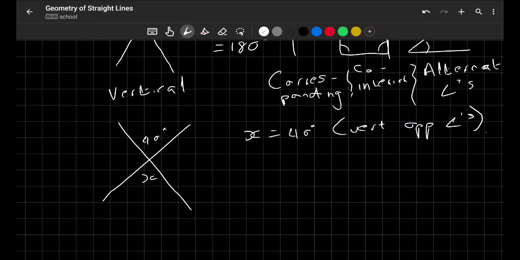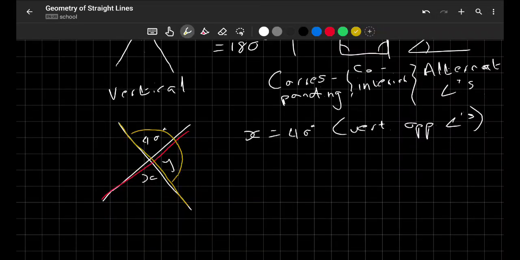And then if they ask you what is Y, remember that this over here is a straight line. I'm going to use this first straight line and say, look at that, that is a straight line.